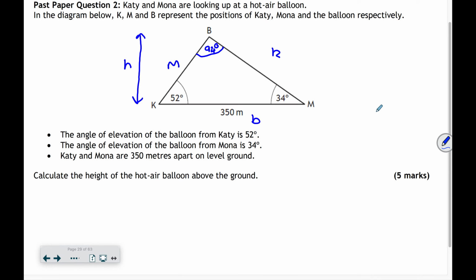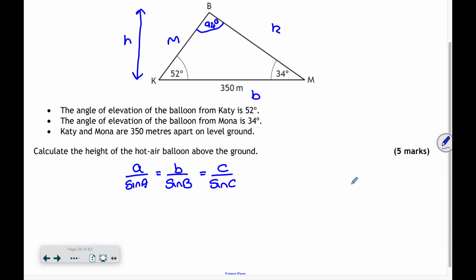So that would give me A over sine A is equal to B over sine B is equal to C over sine C. Let's rewrite that in terms of B, M and K. So that'll be B over sine B is equal to K over sine K is equal to M over sine M.